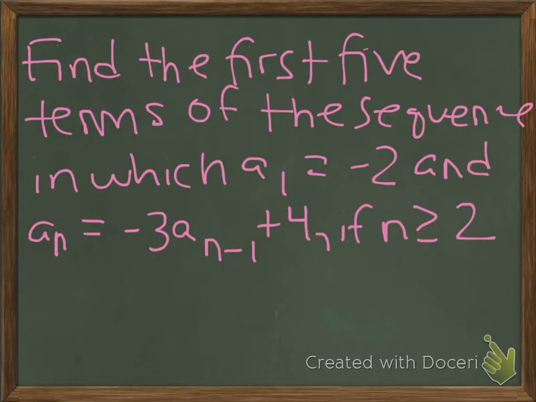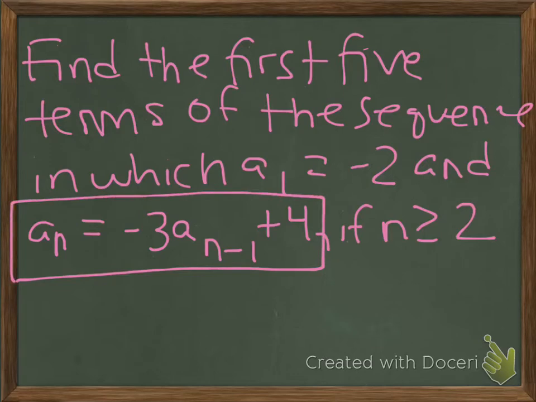So the first one, we're going to be given the formula. This is your recursive formula. Notice it looks kind of like the arithmetic sequence formula, and a sub 1 is your first term, just like the arithmetic sequence formulas. So our first term here, if we're going to find the first 5 terms, is a sub 1, which is -2 they give us.